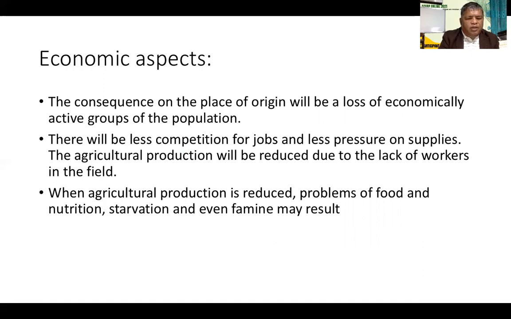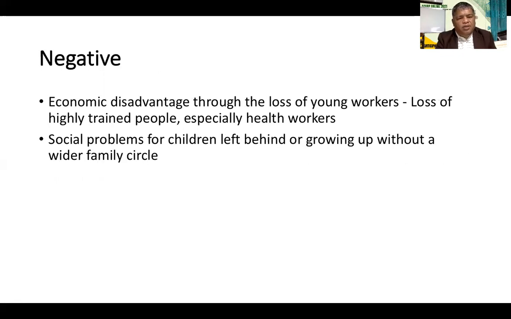So when agricultural production is reduced, problems of food and nutrition, starvation, and even famine may result. So the source of food production will have problems. That is the effect of migration.